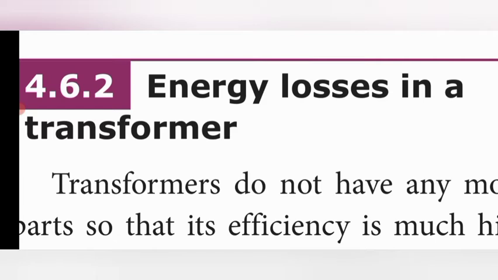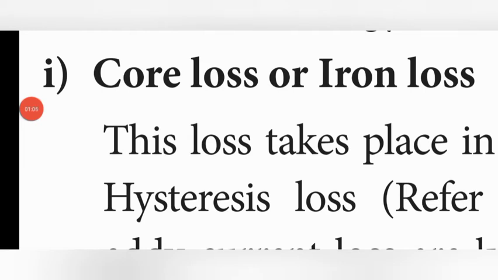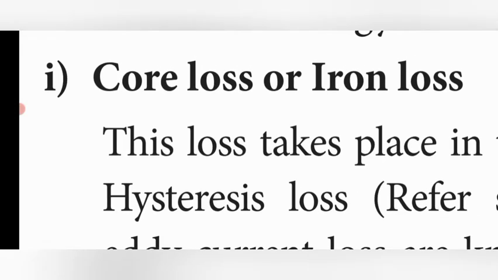First, we are going to see the core loss or iron loss. Core loss generally means hysteresis loss or eddy loss. So what is meant by hysteresis? It is produced in the magnetism. Magnetization and demagnetization are produced in the primary coil because of the applied voltage.